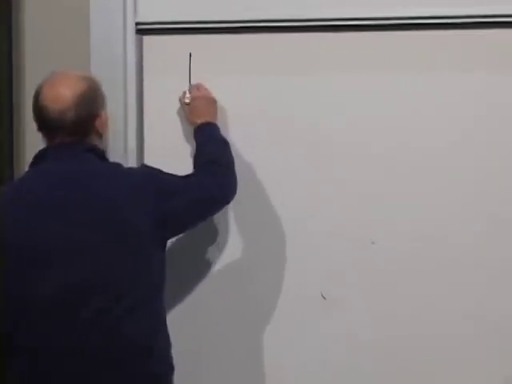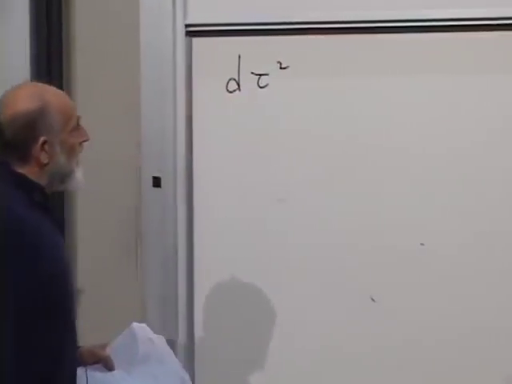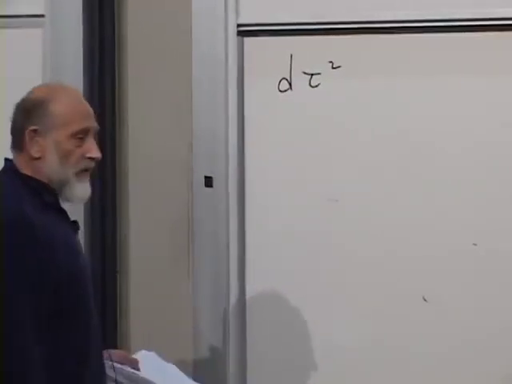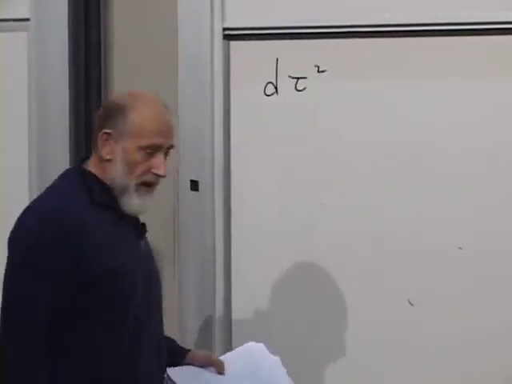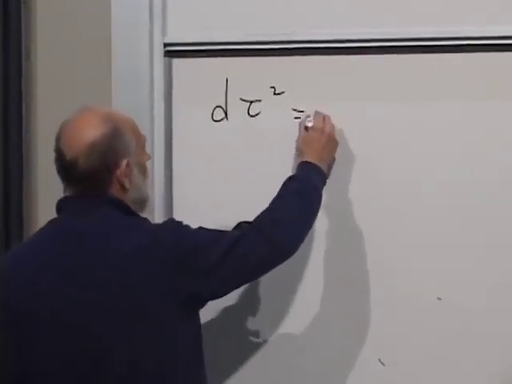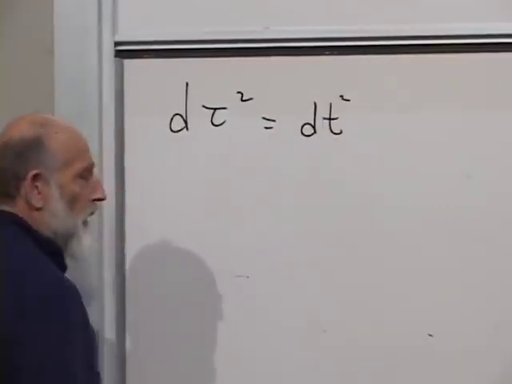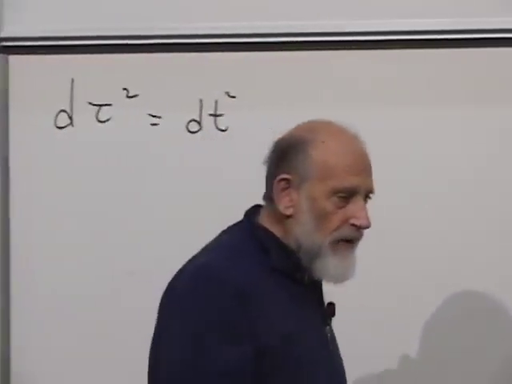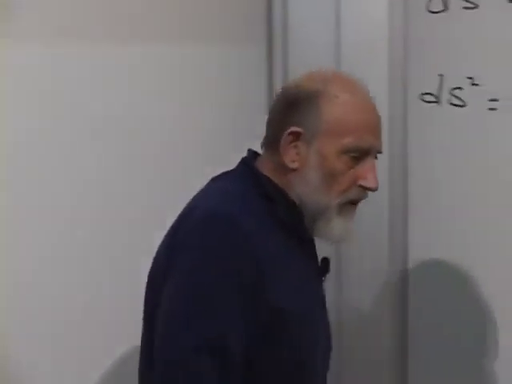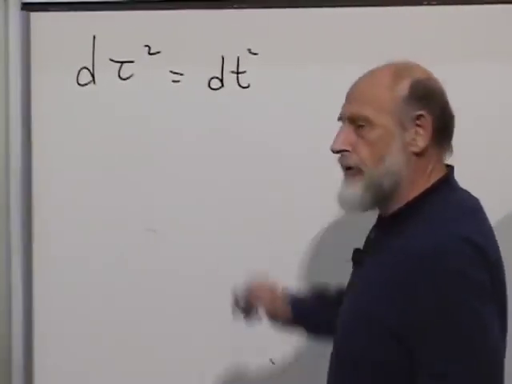Well, all we have to do is first write down proper time. This is the space-time interval. The space-time interval is the proper time, just as in special relativity. And as always, it starts out with a positive term, dt squared, which we can take to be just dt squared. You can change variables. For example, you can take some other function of the time so that there would be some coefficient in front here, but there's no particular reason to do that.